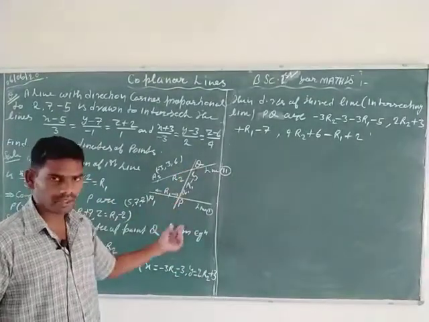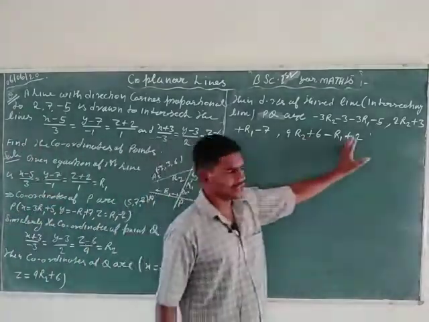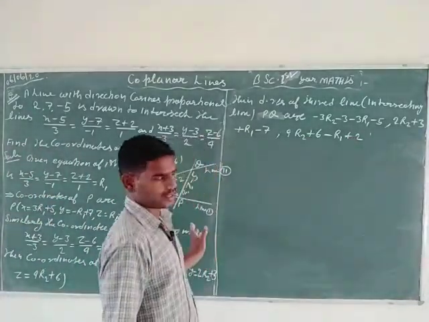But in the question it is given that the direction ratios of the intersecting line PQ are 2, 7, minus 5. Therefore, this direction ratio must be proportional to the given direction ratios.